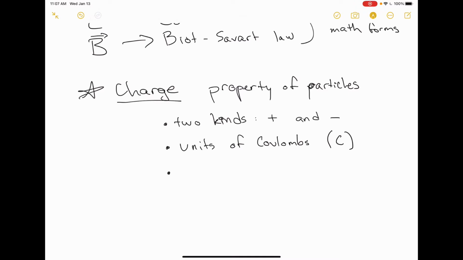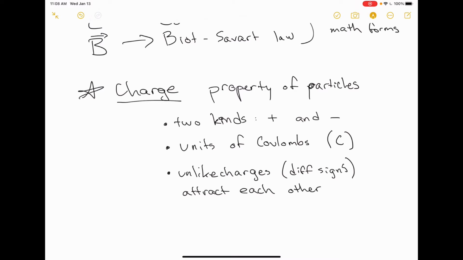And they have the property that unlike charges, meaning ones that have different signs, attract each other. They exert forces on each other that cause them to move together. And like charges repel.